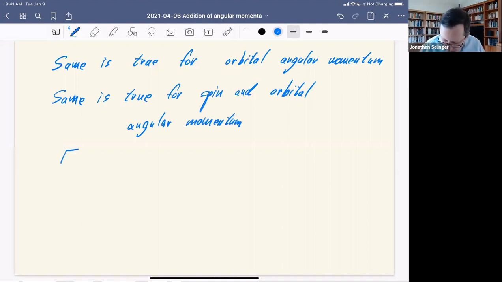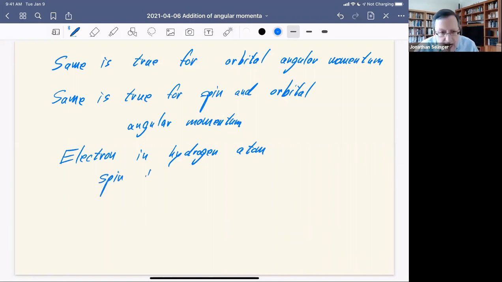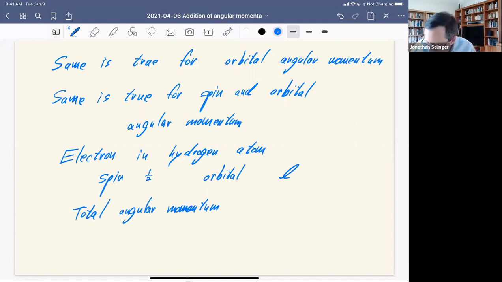For example, if you have an electron in the hydrogen atom, okay, then it has a spin of 1/2, and it has orbital angular momentum of L. And so the total angular momentum is L plus 1/2, or absolute value of L minus 1/2.